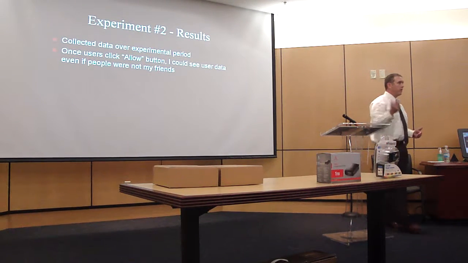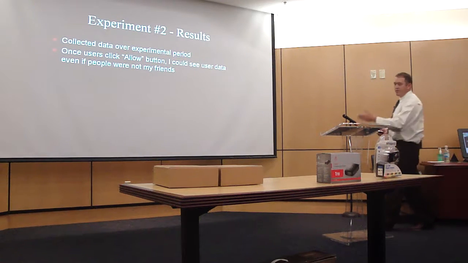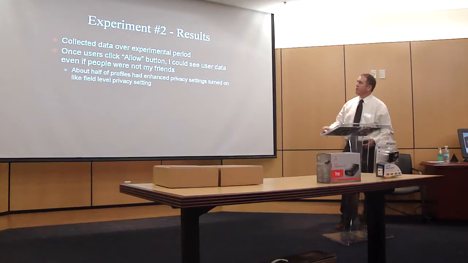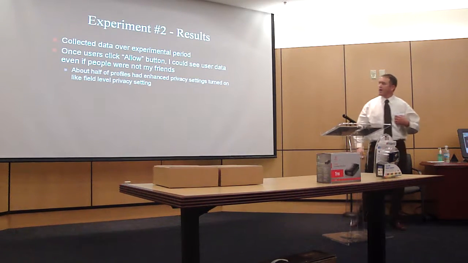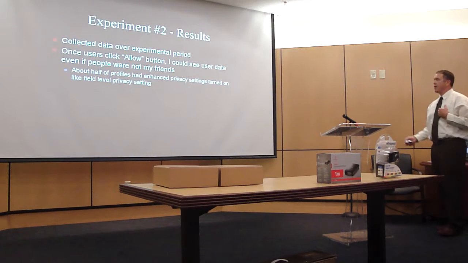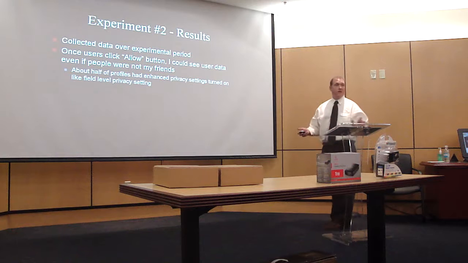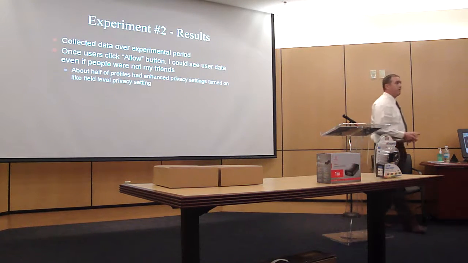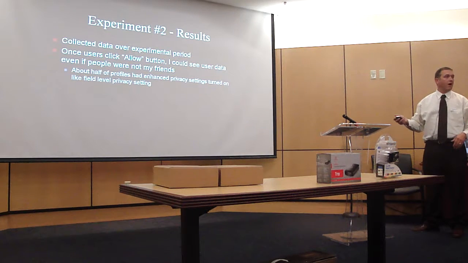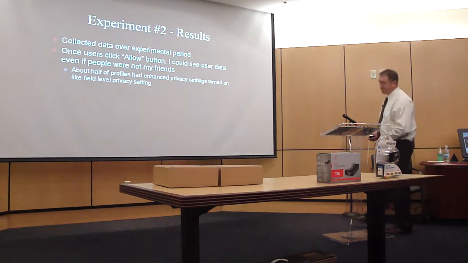But when they clicked on the allow button, I was able to enumerate through all of their information through the API. Some of the tidbits here: about half the profiles on there had the enhanced privacy settings turned on, and field level settings turned on, which is fantastic. That was good to see. That 50% of the people that took the survey actually cared about their information and used the privacy settings out there.